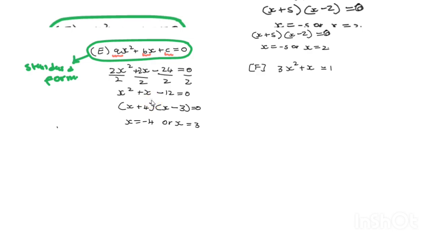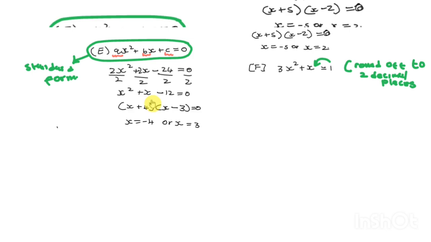So what we have to do is transpose this one to this side so that it can look like a standard form. So in equations like this, you do not have what? The factors. So they will say maybe round off to 2 decimal places.